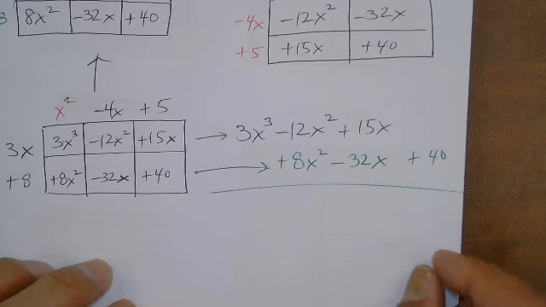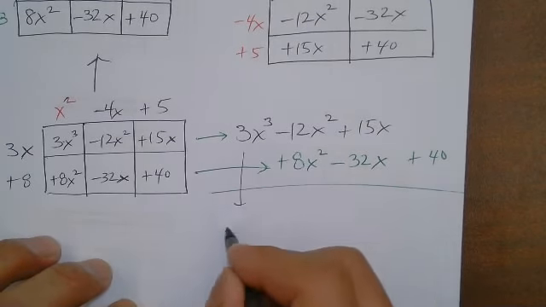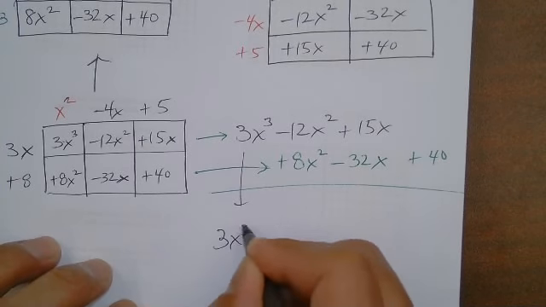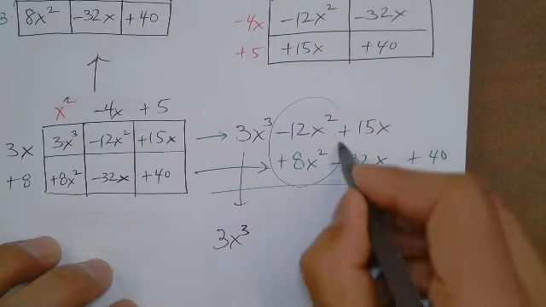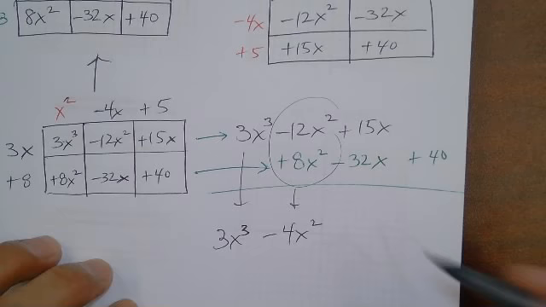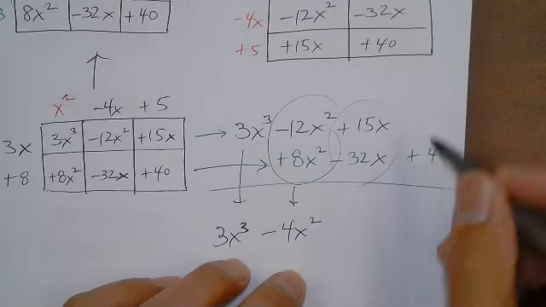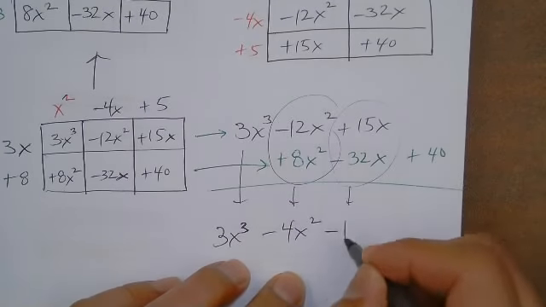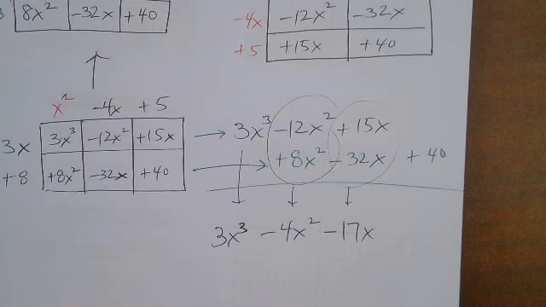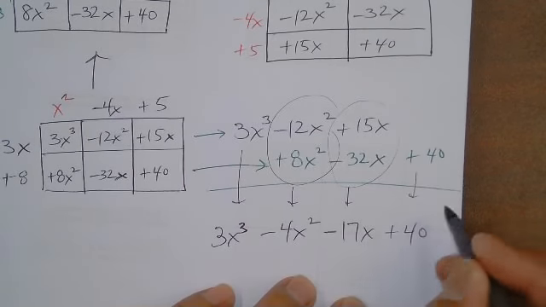Anybody get the final answer, the polynomial here? Anybody added it already? 3x cubed is just 3x cubed, yeah. Minus 4x squared, because now you're just adding like this, in rows. That is correct, minus 17x.